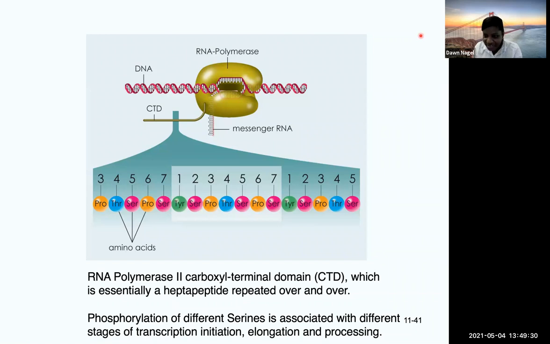Okay, let me see. Let's try another. I don't know how far we've gotten. So we talked about the major difference between bacteria and eukaryotic RNA polymerase. What is that major difference? There are many differences. What is the major difference that we talked about?